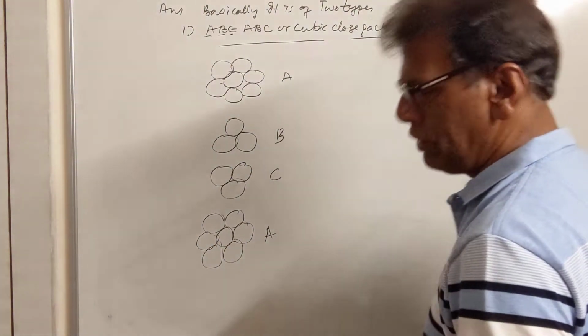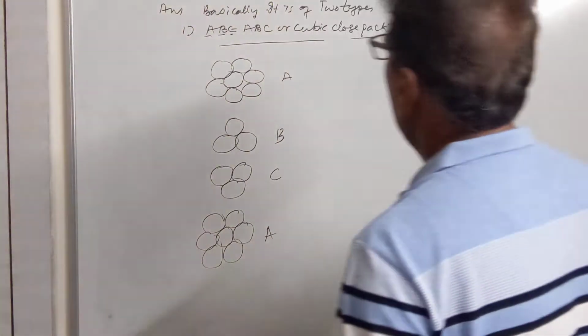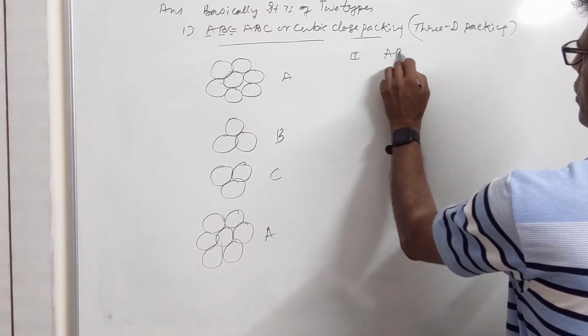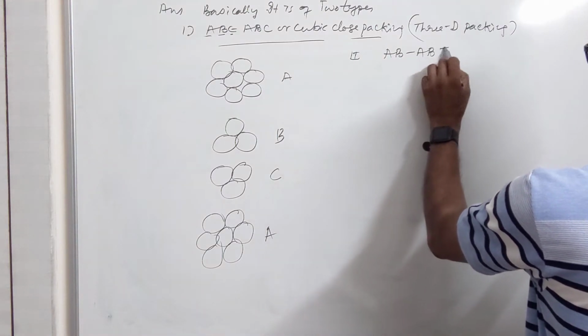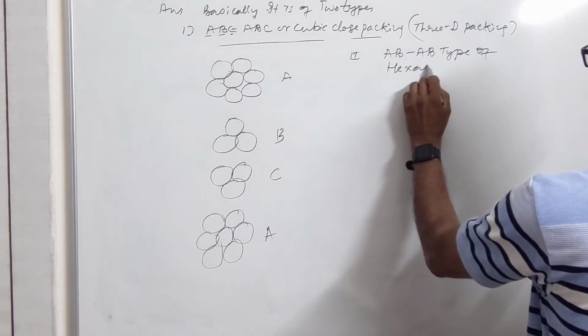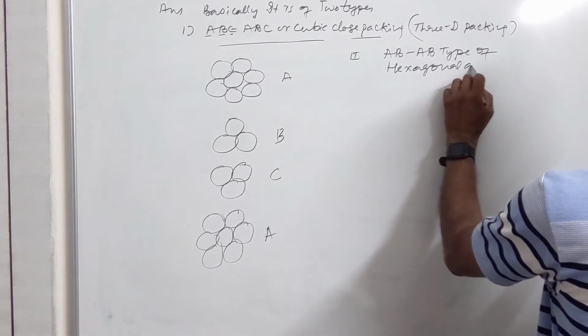So ABC type of arrangement, and then we have second arrangement, that is AB type of arrangement, or hexagonal arrangement.